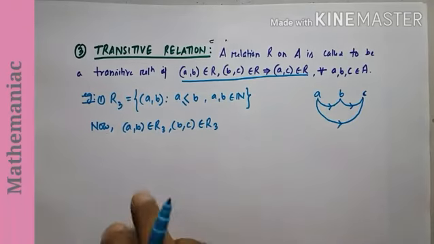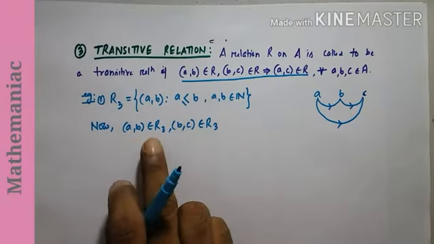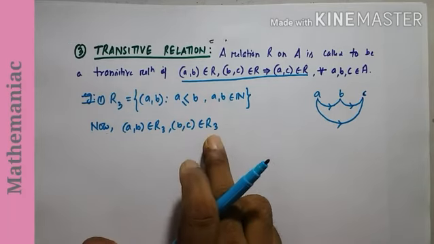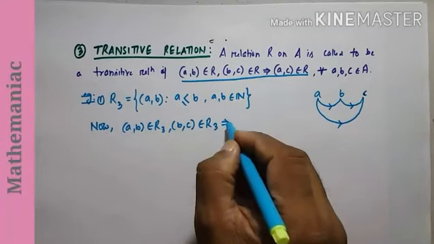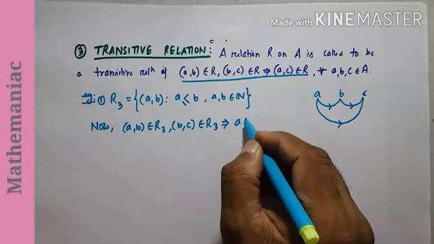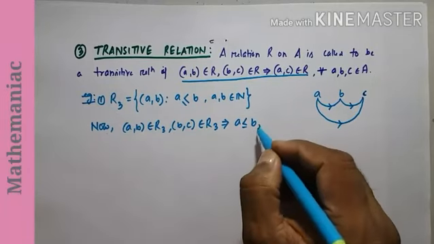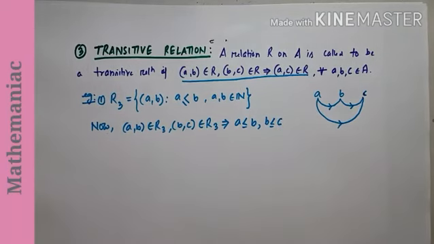So I am considering at the beginning that (A, B) is in R3, (B, C) is also in R3. Then what will it imply? (A, B) belonging to R3 means A is less than or equal to B. This implies B is less than or equal to C.